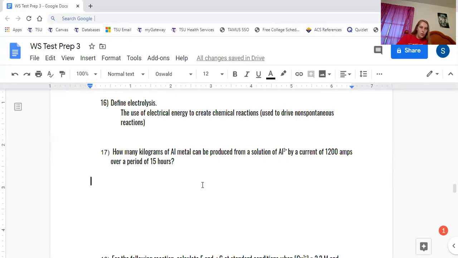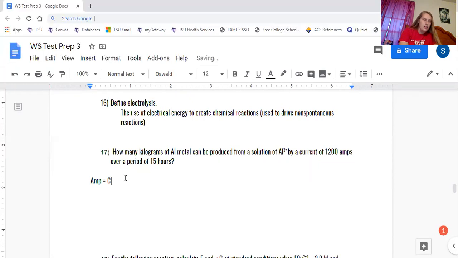Okay, so what we're going to do with that, your 1200 amps, so 1 amp is equal to 1 C over S. The C is the same one that was above; I can't remember exactly what that's called, so don't quote me on that.